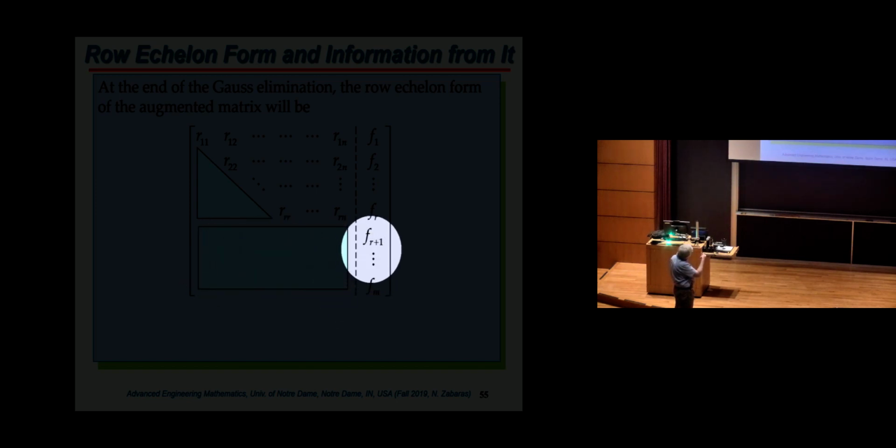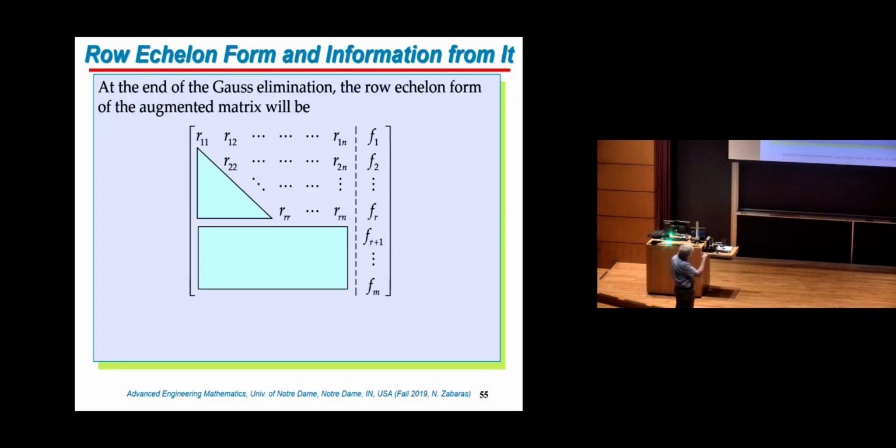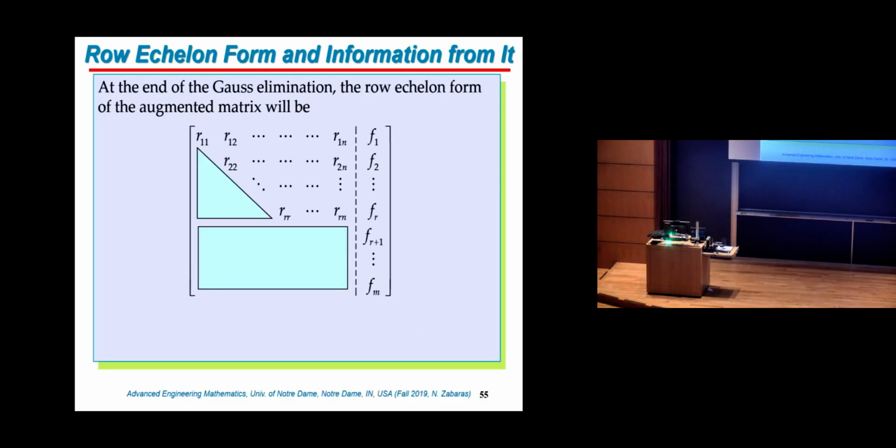But notice, if you do the same operations on the right-hand side, the vector B, you may or may not get zeros on the vector B. Whatever operations we do on the matrix, we do also on the right-hand side, and it may turn out that F_{R+1} to F_M come to be 0 or may come to be anything else.